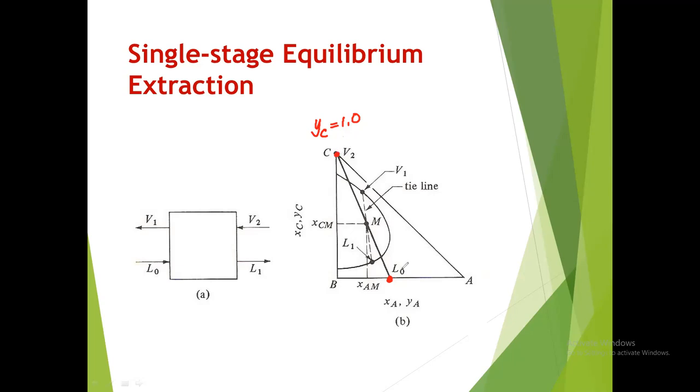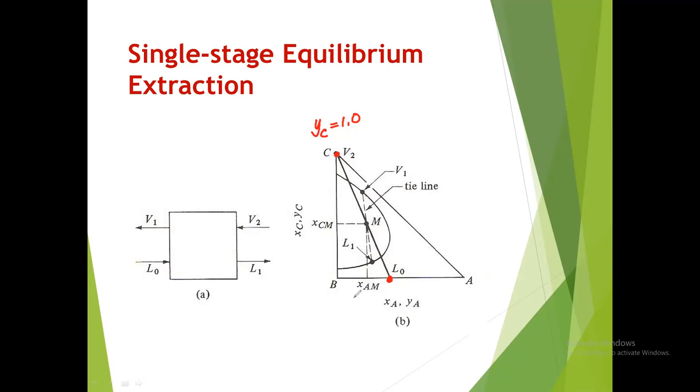We connect these two points, LO and V2, and somewhere on this line is your bulk phase M plotted. Now question, how do you plot your bulk phase M right on the LO and V2 line, which is the product of joining points LO and V2 in this triangular diagram?